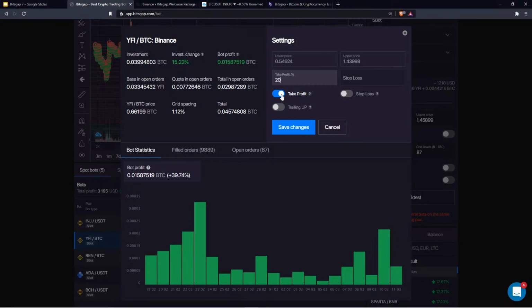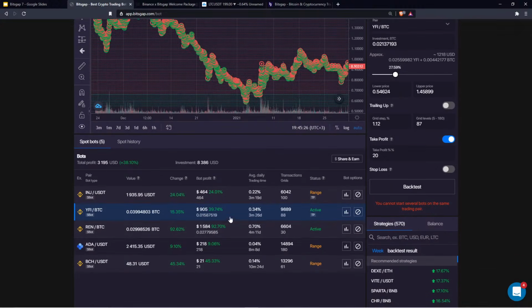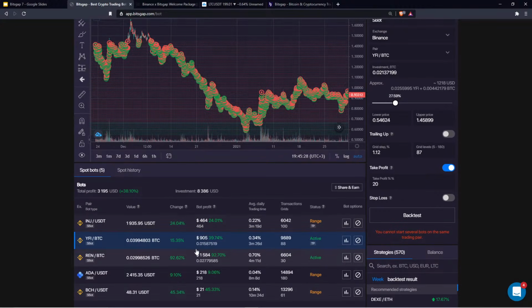To do that, I just go to settings, switch on the take profit, and set 20%. By that, I make sure that as soon as it reaches 20% of the investment change, it will close the bot and sell all of the base currency that I have in this active trade. So that's the 100% exit from the market.